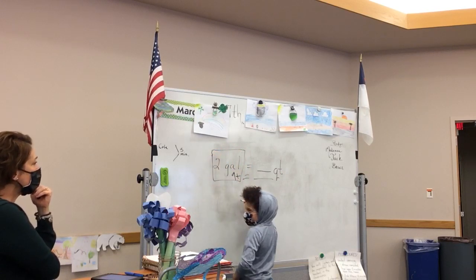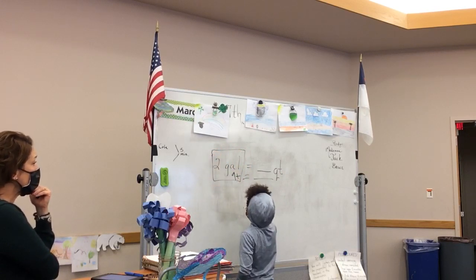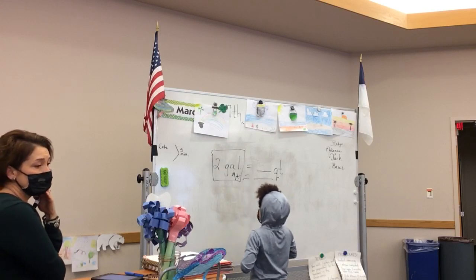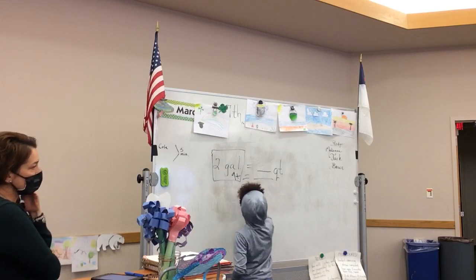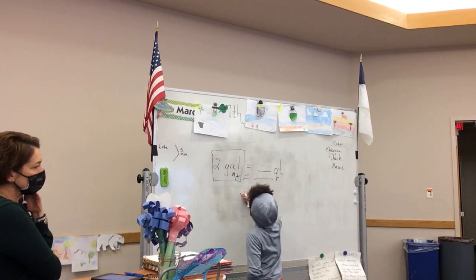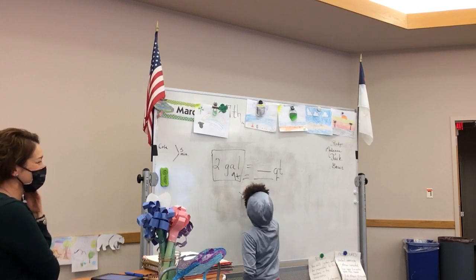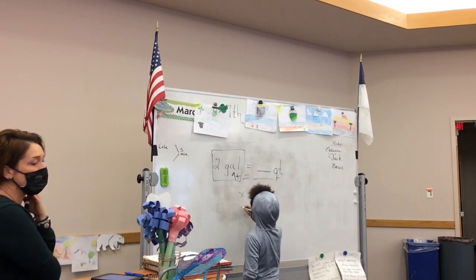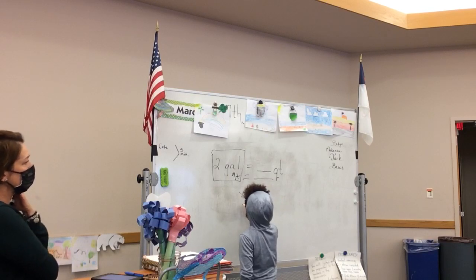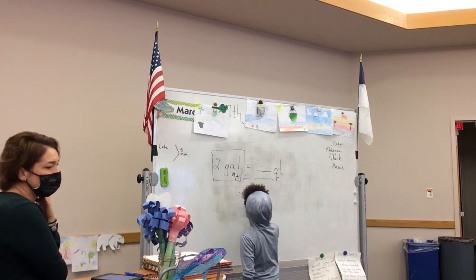So, gallon to quart. Is it large to small or small to large? Large to small. And what are you going to do? Multiply or divide? You got it. There you go. So what is the magical number?